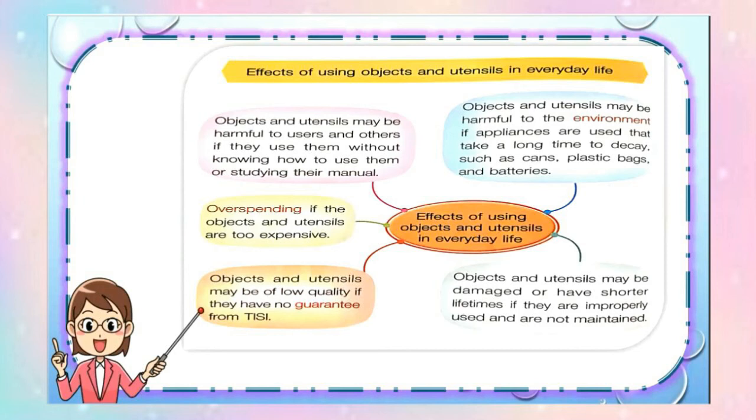Objects and utensils may be damaged or have shorter lifetimes if they are improperly used and not maintained. So we always need to take care of our things so that we don't have to buy again and again. It costs money, it gives us pollution and many bad things. So that's what you should remember, okay?